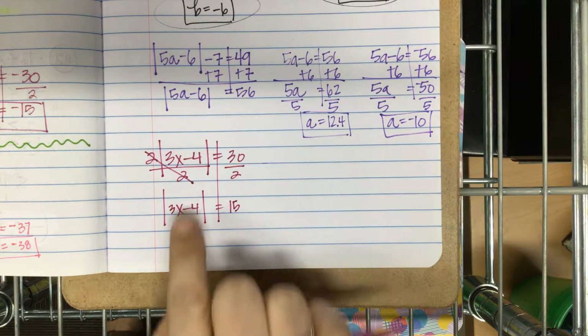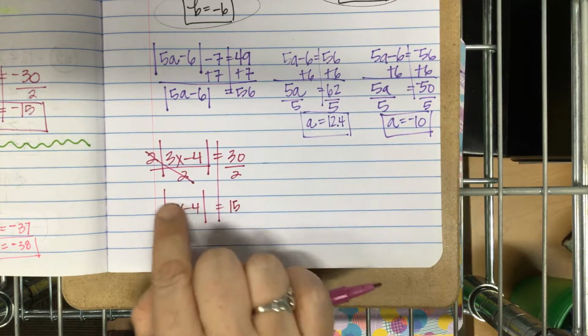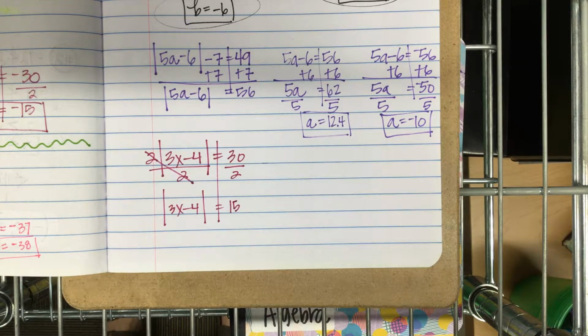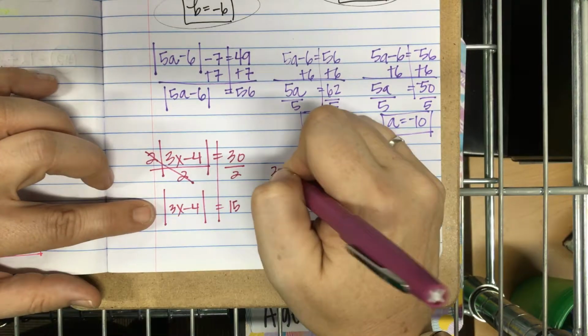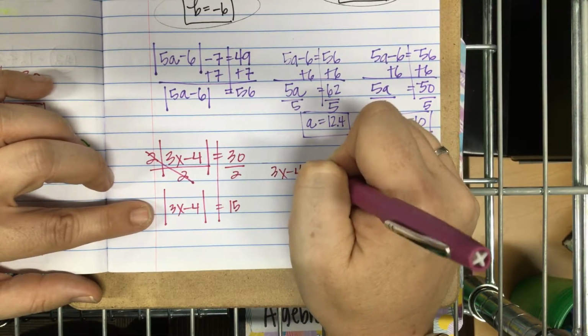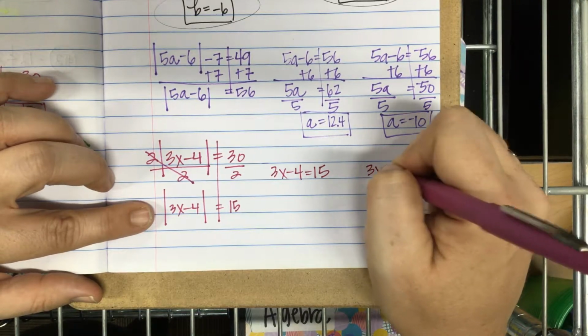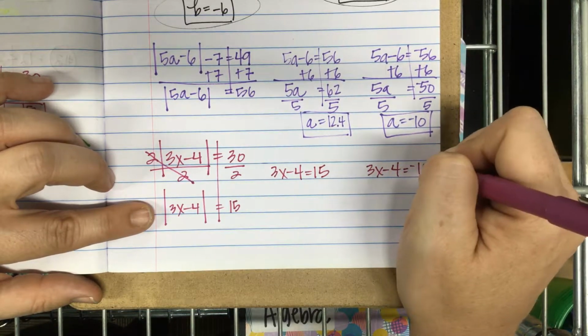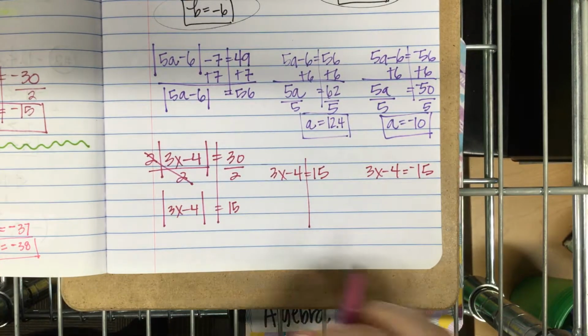And I want to replace this with either positive 15 or negative 15, correct? So that's why I have to solve it twice. 3x minus 4 equals 15, and 3x minus 4 equals negative 15.